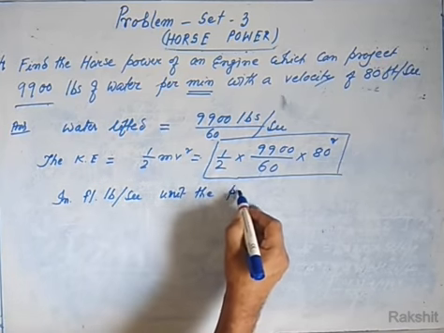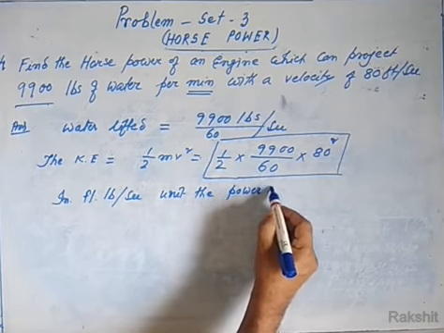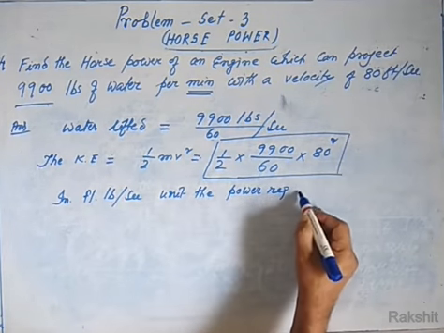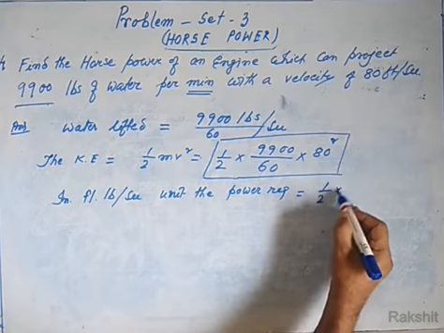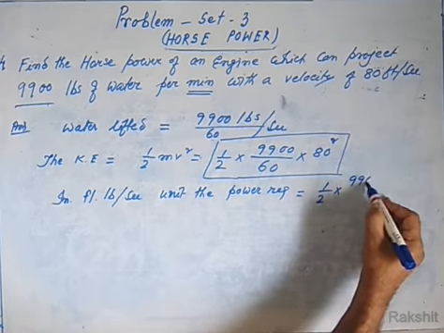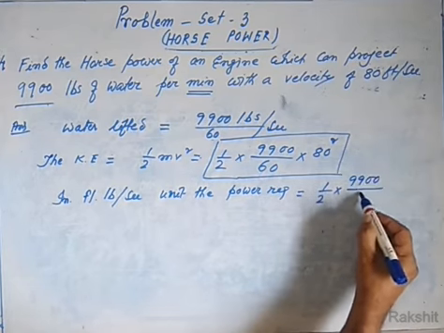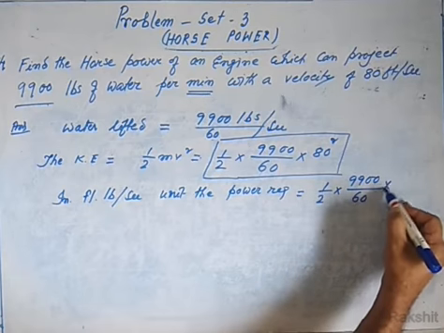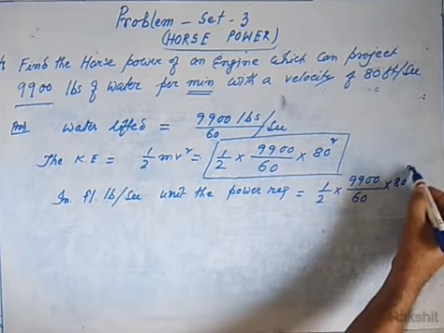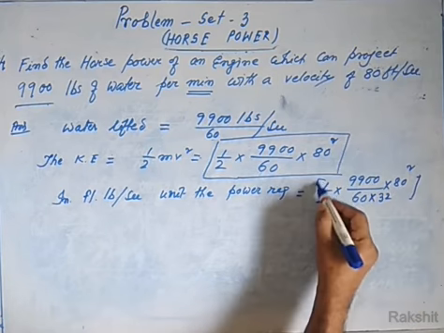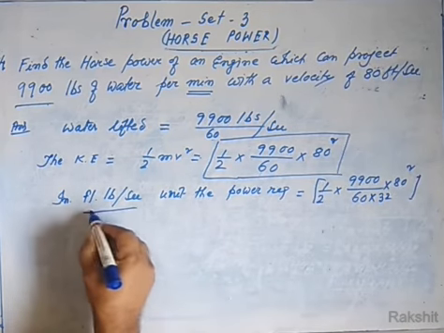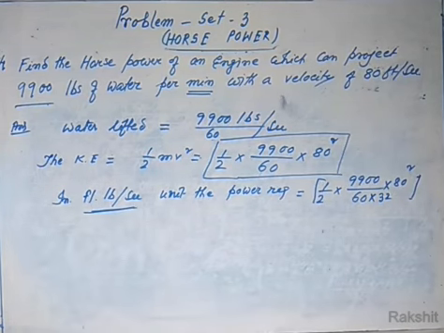the power required is equal to half into 9900 by 60 into 80 square by 32 in foot pound per second unit. You may write here foot pound per second.